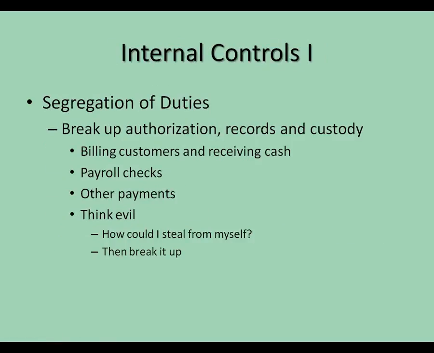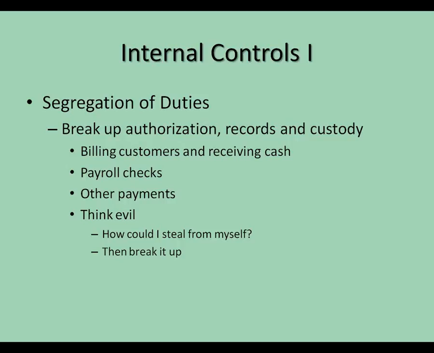Now, here is the segregation of duties. And these 3 words: authorization, keeping the records, custody. This is how we prevent problems. A good example is having one person billing the customers and then also collecting the cash. Assume it's an employee doing so.